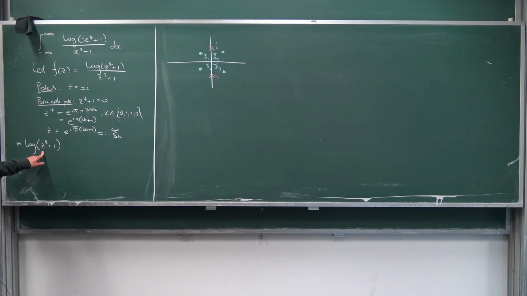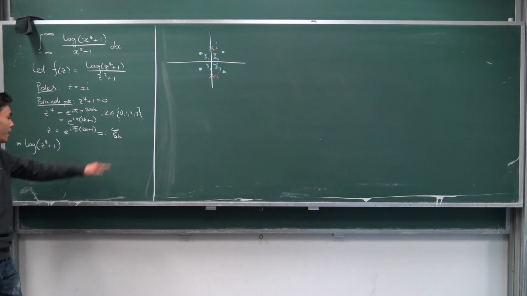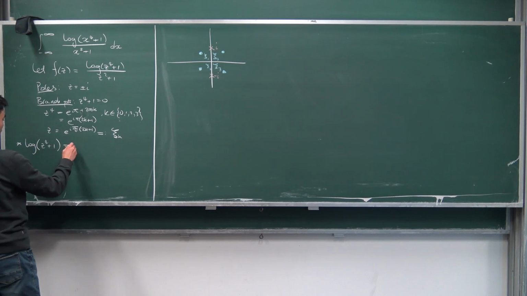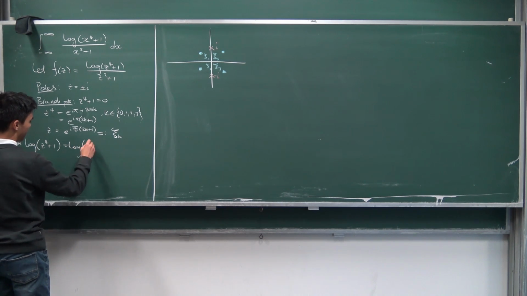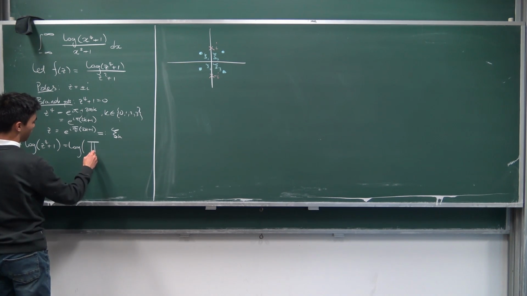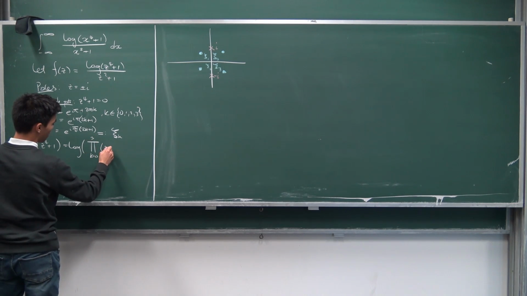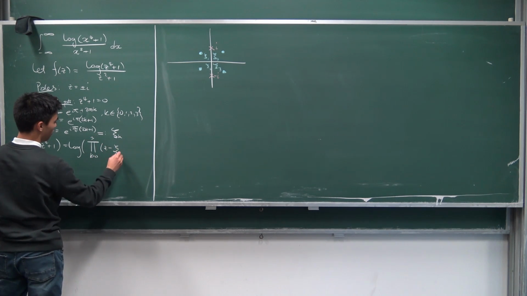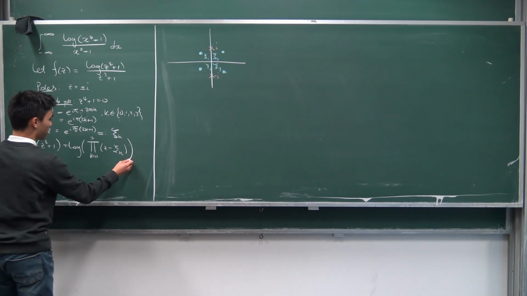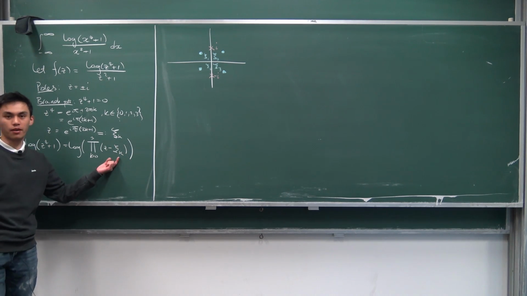Now, we know exactly what the roots of this polynomial are. It's exactly psi 0 all the way up to psi 3. So what we can do is rewrite the inside of the log as just the product running from k equal to 0 up to 3 of z minus psi of k, like so. Hopefully you guys agree with me on this.